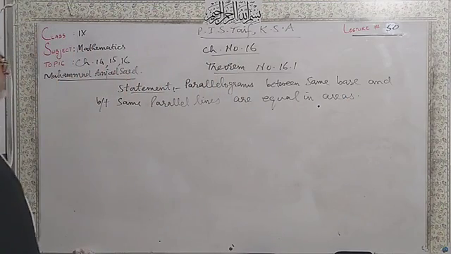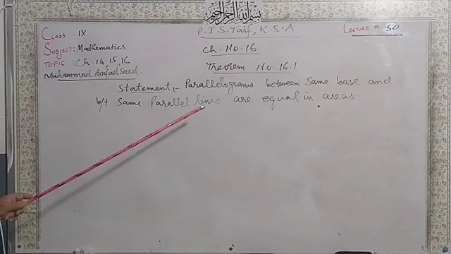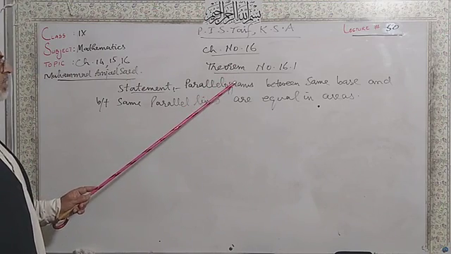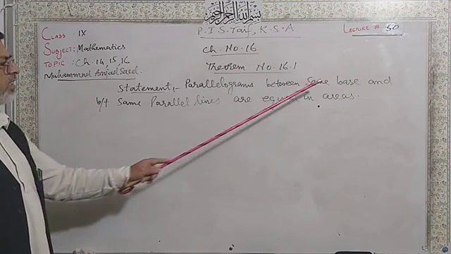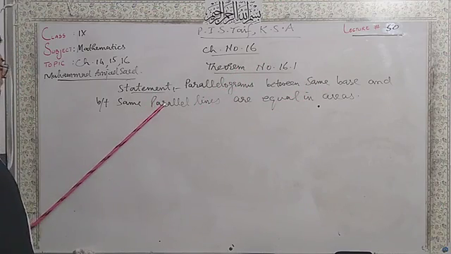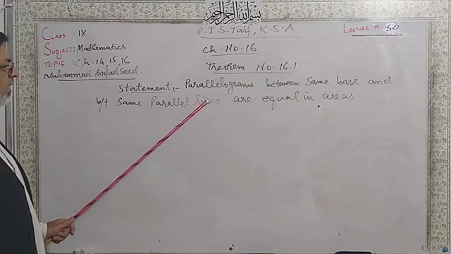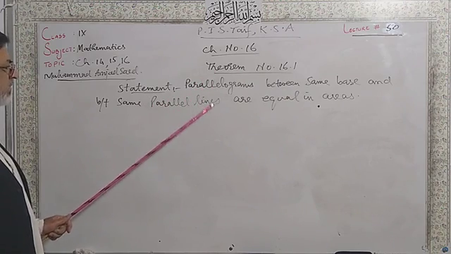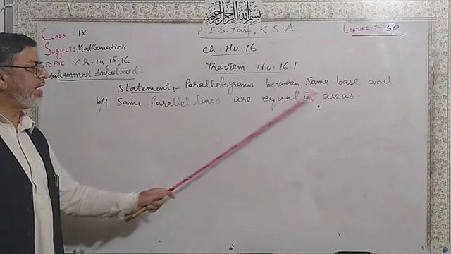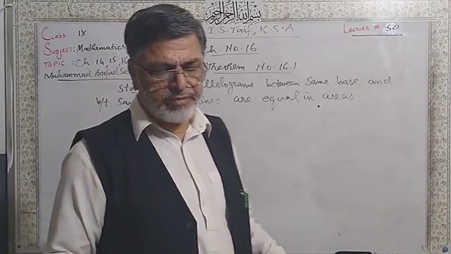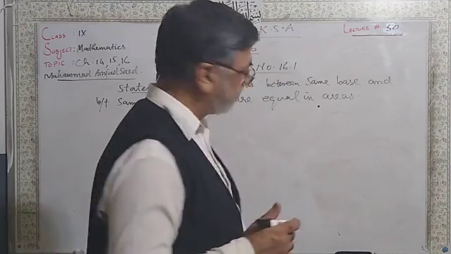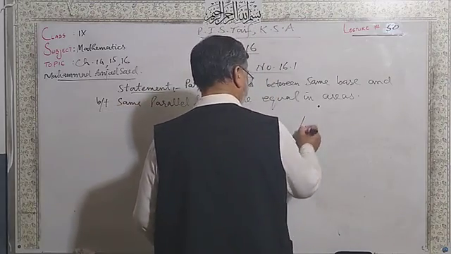Remember that, first of all, you must understand we are given two parallelograms with the same base and between the same parallel lines. This is given. To prove: they are equal in areas. So we have a parallelogram like that.